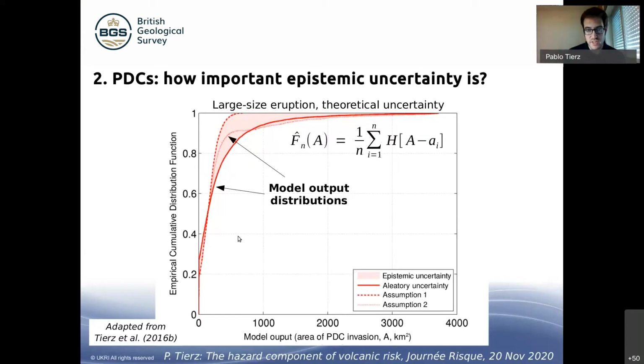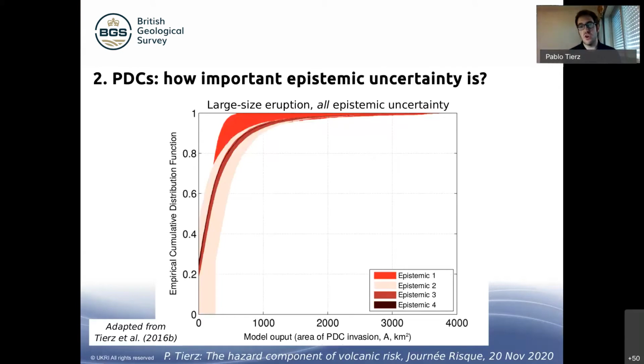So this is one of the sources of epistemic uncertainty that we explored, but we explored four of them, some of them related with the spatial resolution of the digital elevation model that you use to run your model, and other sources. And in different colors, you can see the impact of each source of epistemic uncertainty.